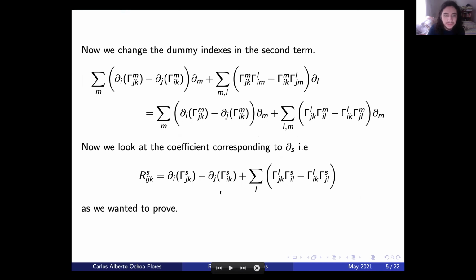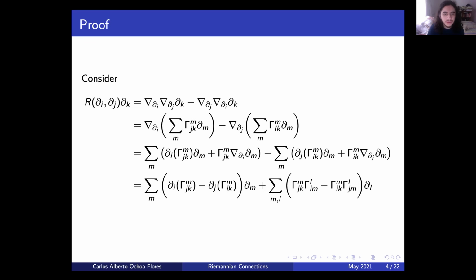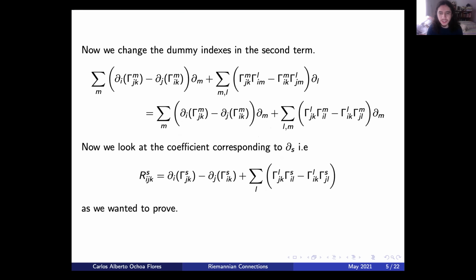And then, we change the dummy indexes in the second term. We change the m for L. Where we have m, we put L, and where we had L, we put m.